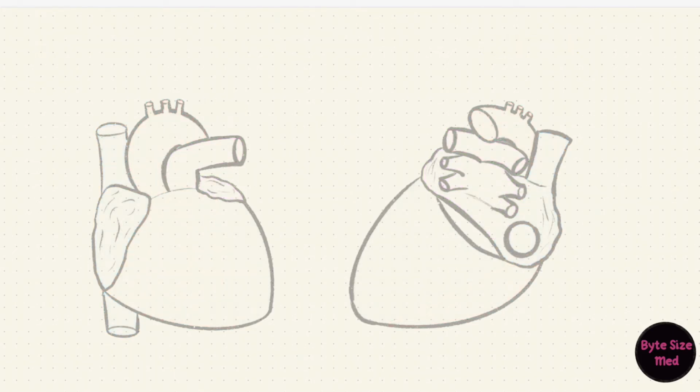The heart has an apex that's directed downwards, forwards, and to the left. It has a base, but it doesn't sit on the base. The base is the posterior surface, so it faces behind. What it sits on is the diaphragmatic surface, which is inferior and obviously faces the diaphragm.